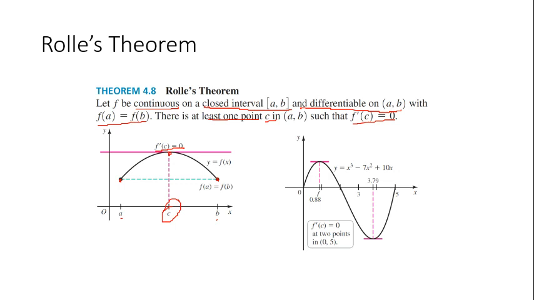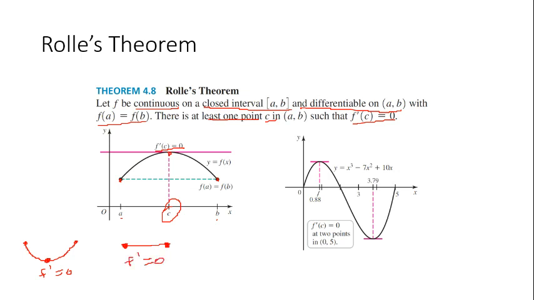This is just one of the instances, it can either go up and come back down, giving us a point where the first derivative equals 0. You can have an instance where the function goes down and then comes back up, which also gives you a point where the first derivative is equal to 0. And if it goes straight across, then you have an infinite number of points where the first derivative is equal to 0.